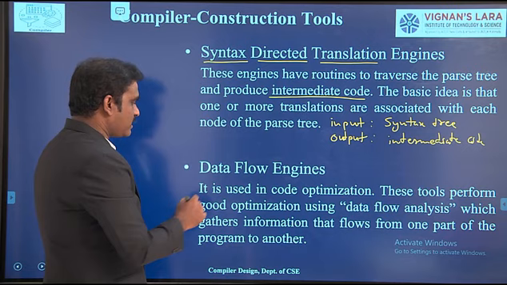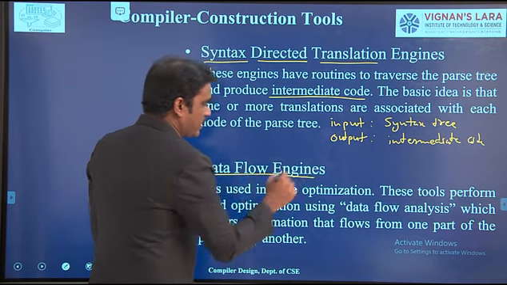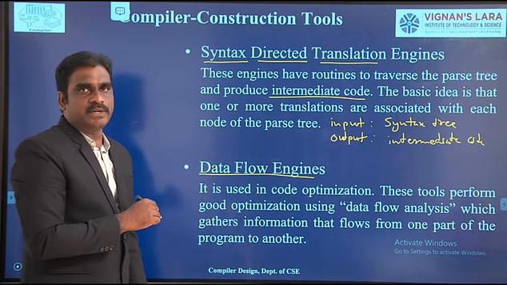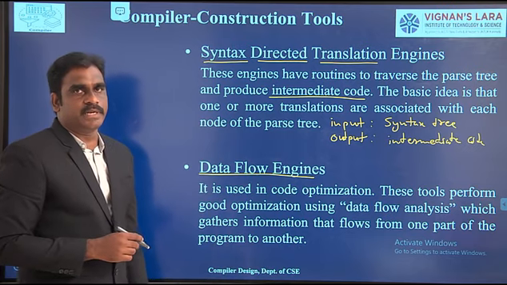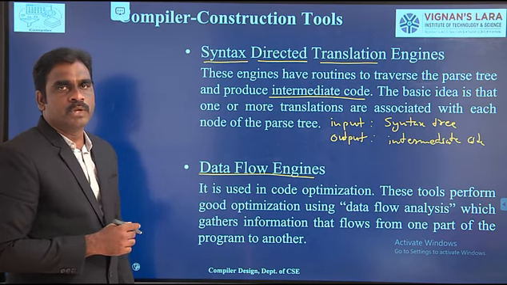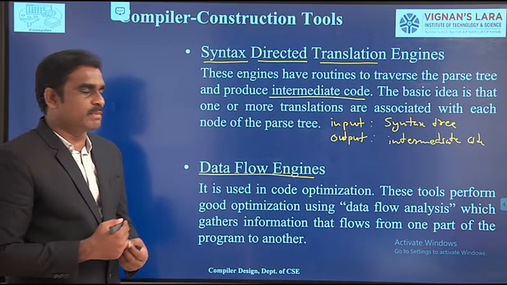And the fourth tool is data flow engines. It is related to code optimization. What is the purpose of code optimization? To reduce the code, to get optimum code.